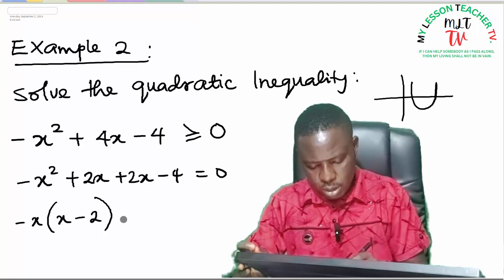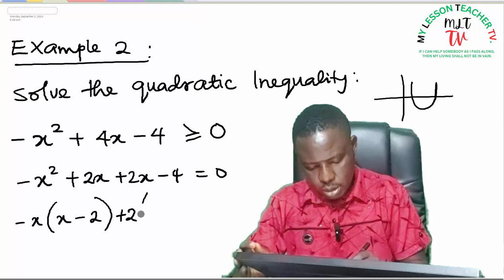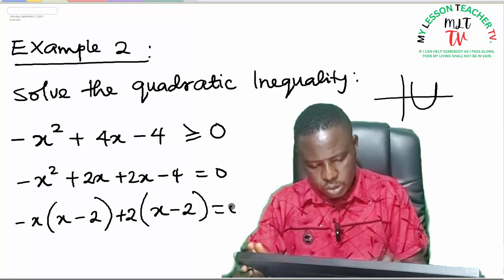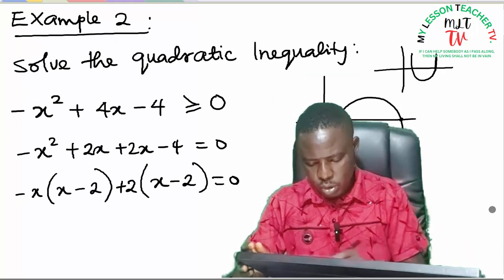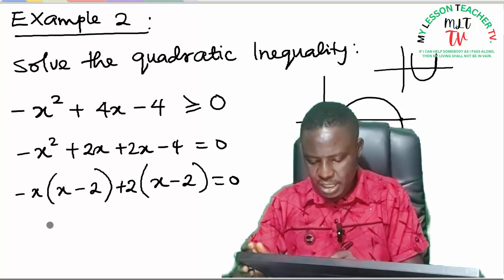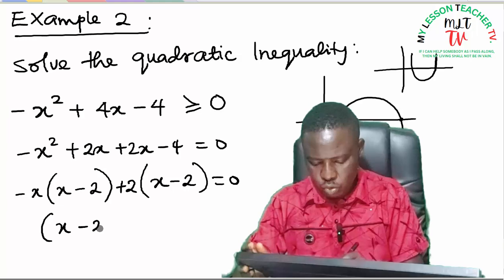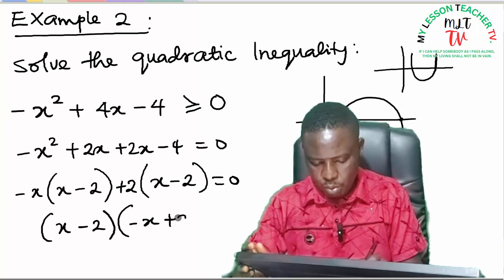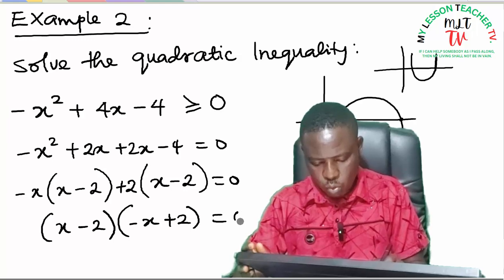What is common? Plus 2 is common. Into bracket, divide here by plus 2, you have x minus 2 is equal to 0. So since what we have in the bracket is common, we'll still factorize it again. This gives us x minus 2 into bracket minus x plus 2 is equal to 0.